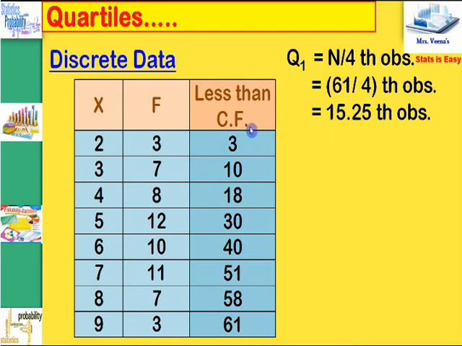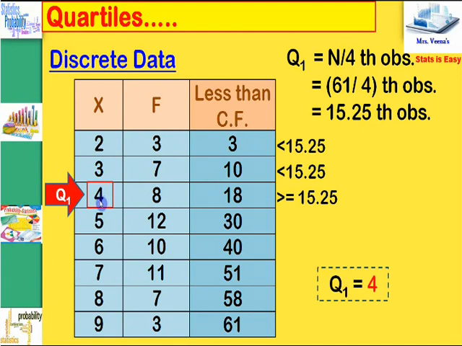Let's compare these values with 15.25. 3 is less than 15.25. 10 is also less than 15.25. 18 is just bigger than 15.25. So the corresponding value of x is Q1. It is 4.